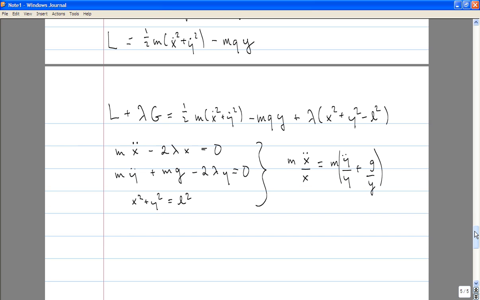Or if I wanted to rewrite that, x double dot times y plus y double dot times x, minus y double dot times x minus gx is equal to 0. And my claim is that this is identical to the equation of motion I wrote earlier in terms of theta.